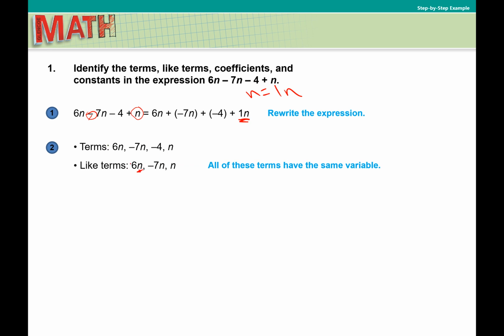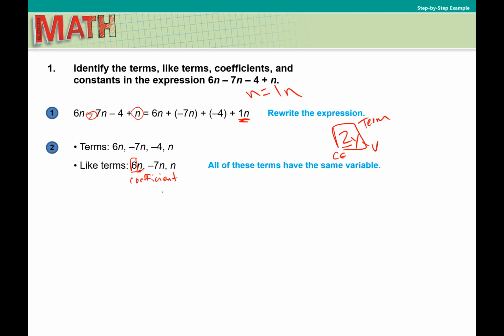So that's the variable, and this is what we call a coefficient. So within a certain term, let's say we have 2y. This whole thing is called a term. And then this would be the coefficient, and this would be the variable. This whole thing is a term.